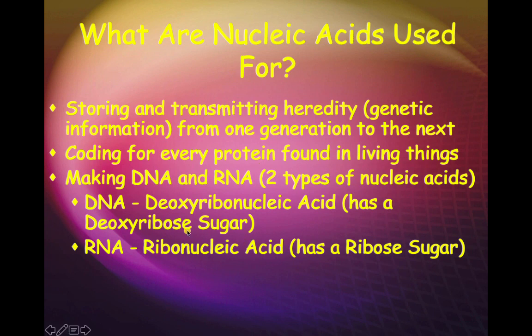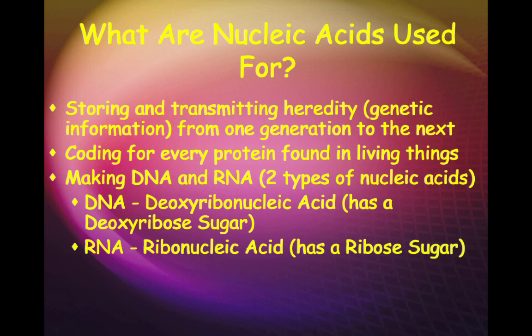So, when you're looking at DNA and RNA, we're going to look at the differences here. But DNA stands for deoxyribonucleic, all one word, acid. And the first part of the name is actually named after the sugar called deoxyribose. So remember that a nucleotide is made up of a phosphate group bonded to a sugar. So the sugar in DNA is deoxyribose, which is why we get the deoxyribo part of the name.